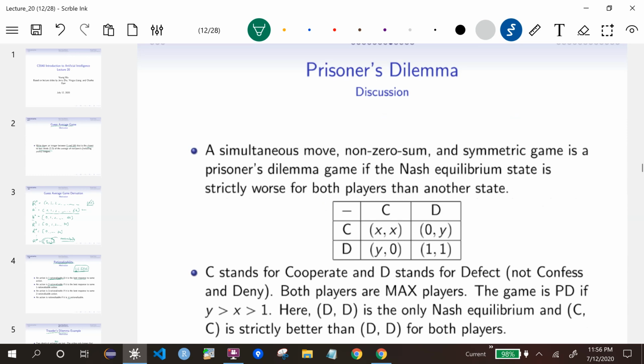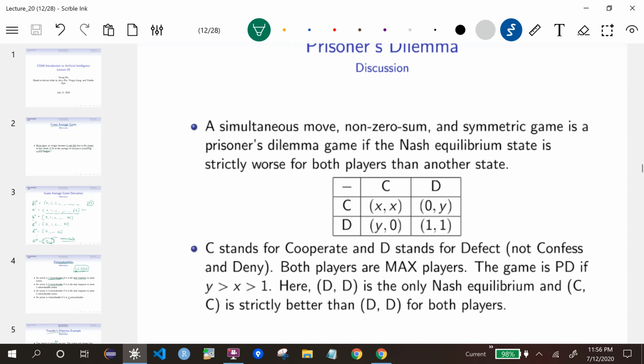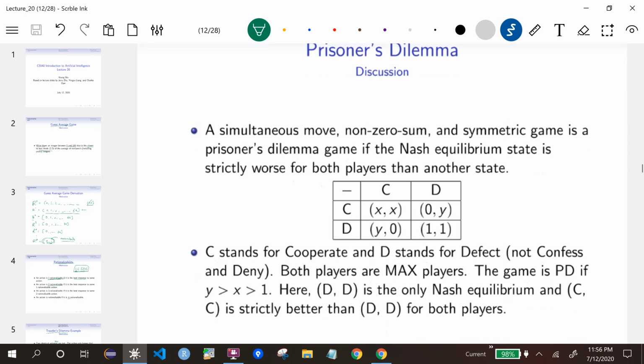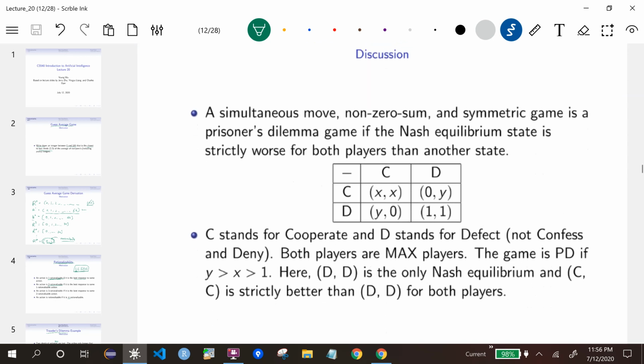And when people talk about Nash equilibrium, the first game that comes to their mind is the Prisoner's Dilemma game. I will assume most of you are familiar with this game, but in any case, I'll repeat the story and also talk about the notations. So we have two players. The two players are two prisoners, and they committed a crime together, but there is no evidence.